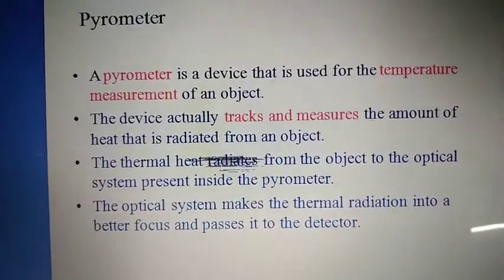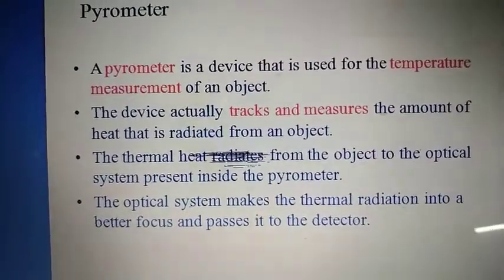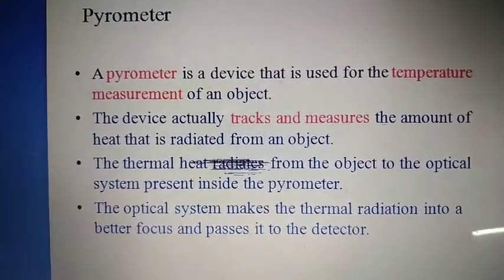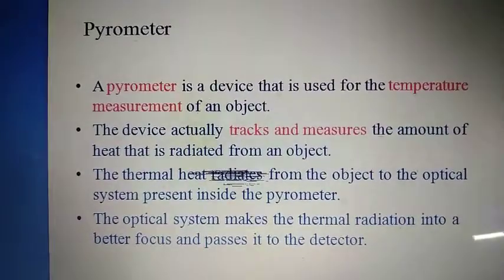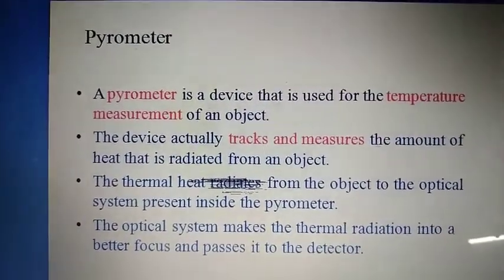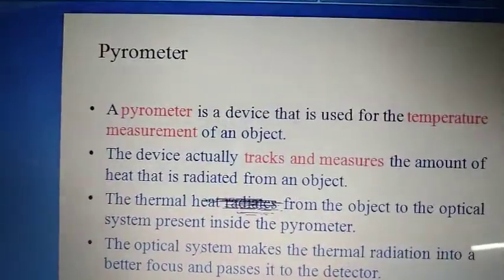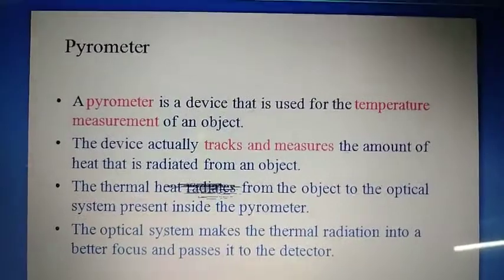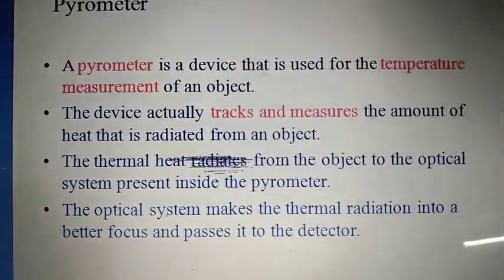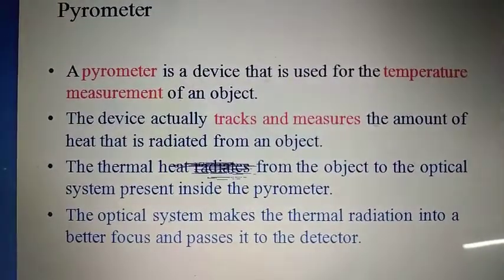Whenever you are measuring higher temperatures, this pyrometer is more useful, such as measuring molten metals, furnace temperatures, liquid casting and liquid alloy temperatures. So normally for measuring higher temperatures, we use pyrometers.